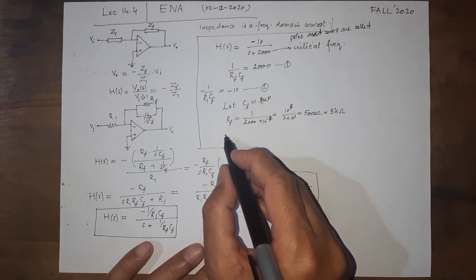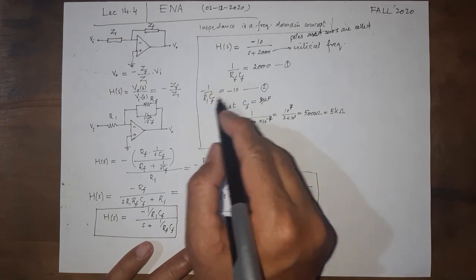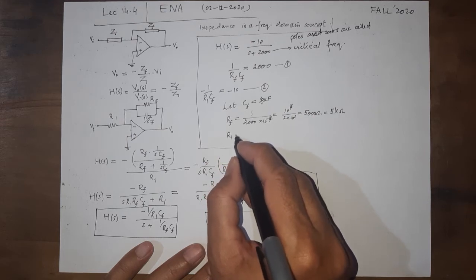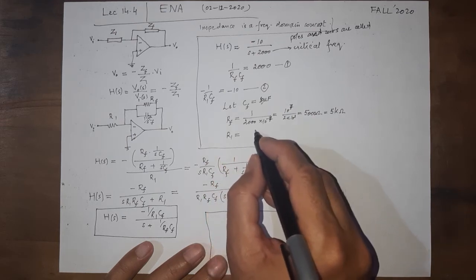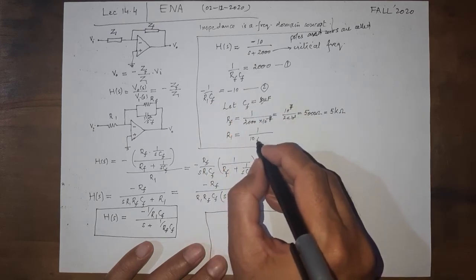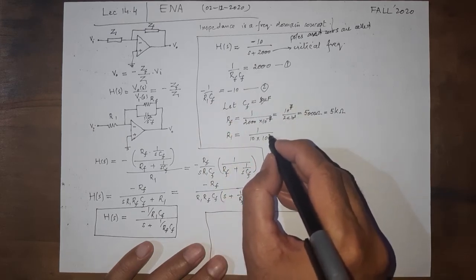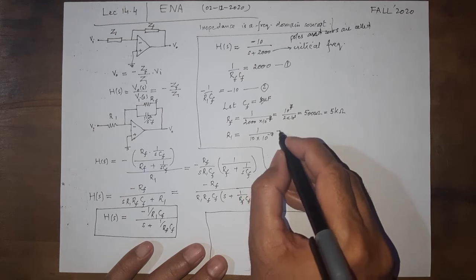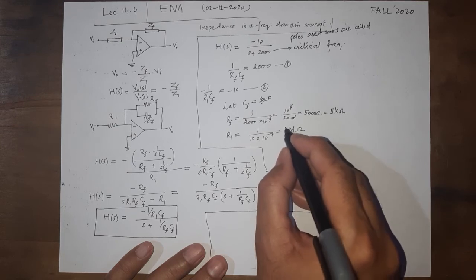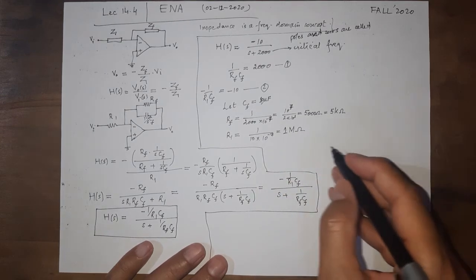Now this expression is going to tell you what R1 will be equal to. R1 is equal to 1 over 10 comes here, R1 goes there, and into 10 raised to the power minus 7. So that is 10 raised to the power minus 6, and we are going to get a 1 mega ohm resistor. So that's it.